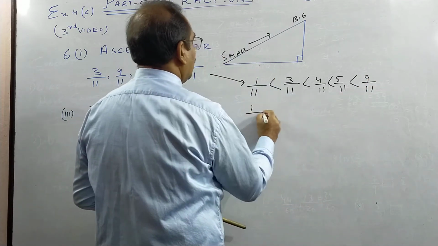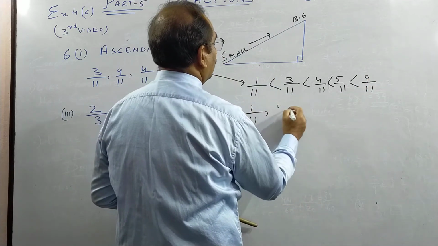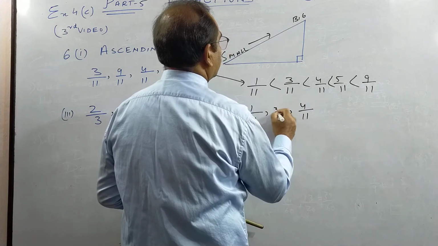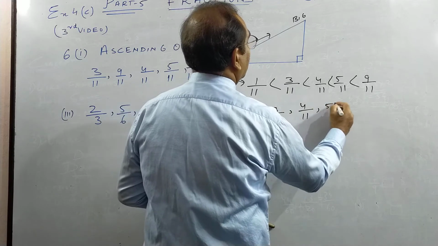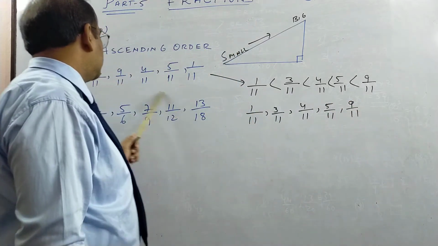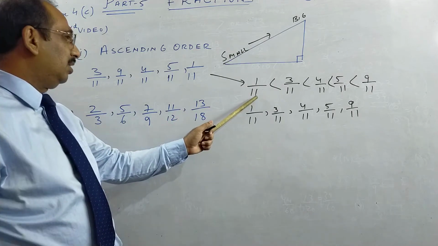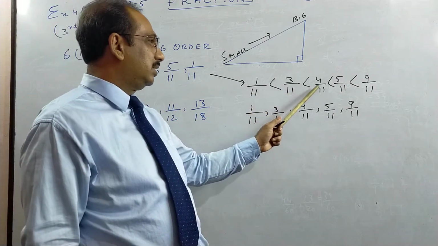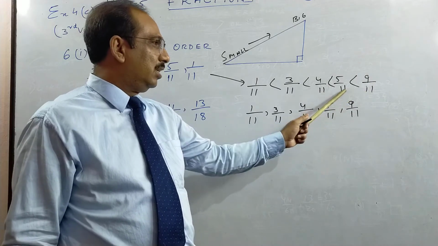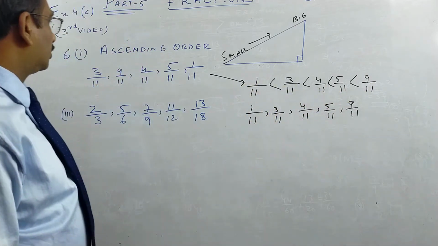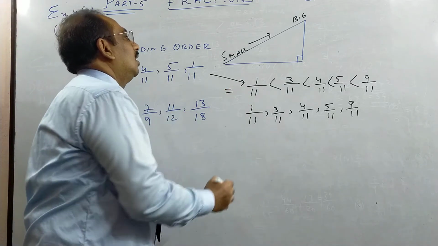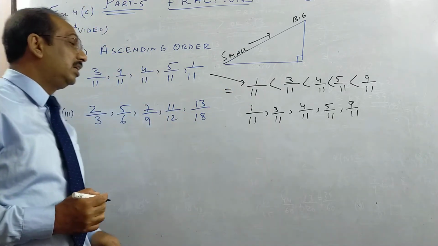Or you can simply put commas and write it like this. Either you give the less than sign from this side, this is less than this is less than this, or the opposite, this is the greatest, next, and this is the smallest. So this was the like fraction, and we did ascending order.